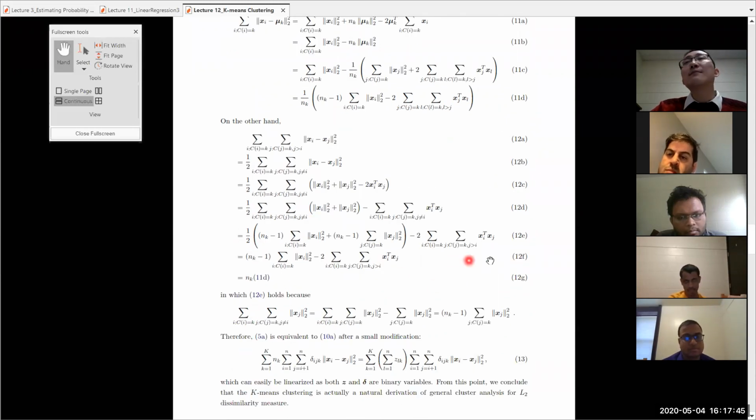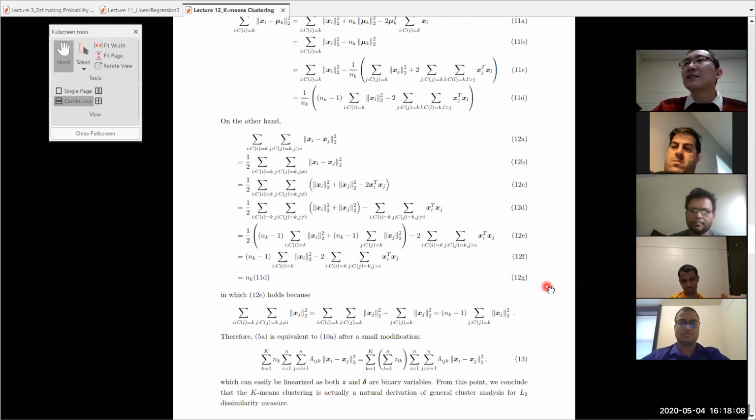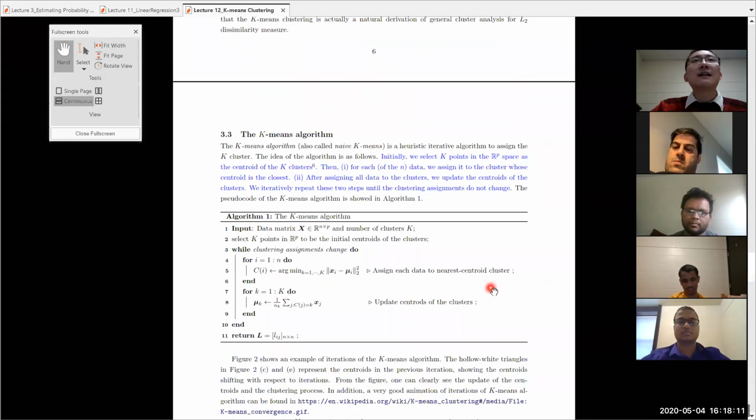In my personal view, this way is much easier than that way. That way needs some linear algebra tricks, but this one is super simple. You just expand everything and you get it. I'm not sure, it's possible that we will get exactly the same result, or maybe something newer, which I would be really happy about, and we need to explore it a little bit. Okay, so let me see.